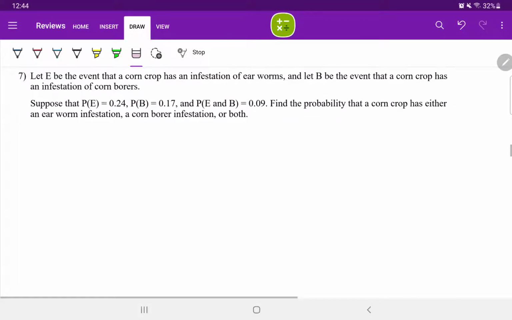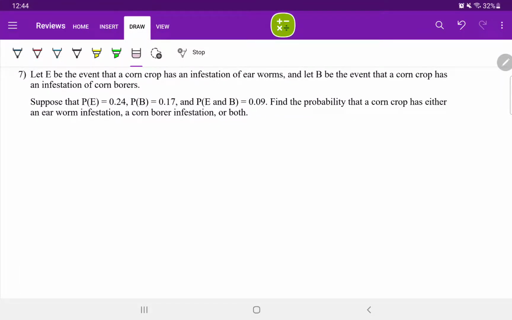All right, guys. Question number 7. Now, number 7 says, let E be the event that a corn crop has an infestation of earworms, and let B be the event that a corn crop has an infestation of corn borers.